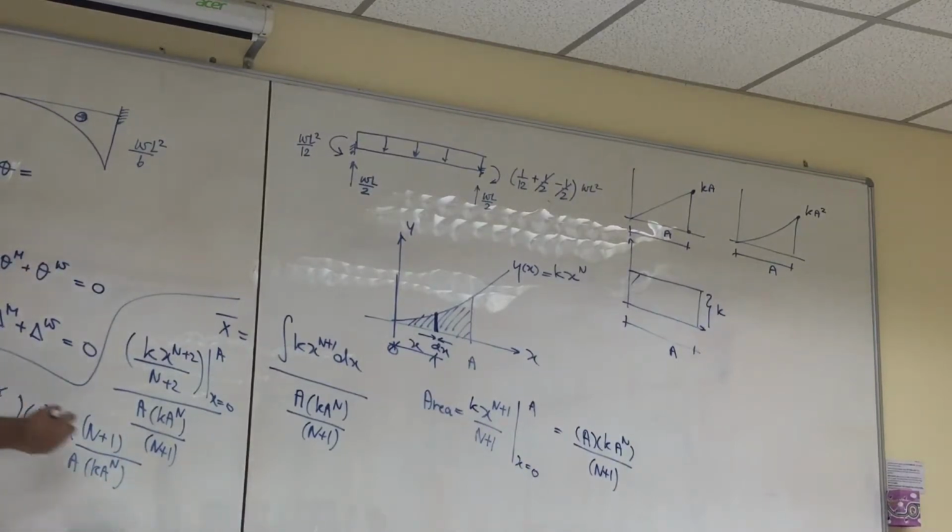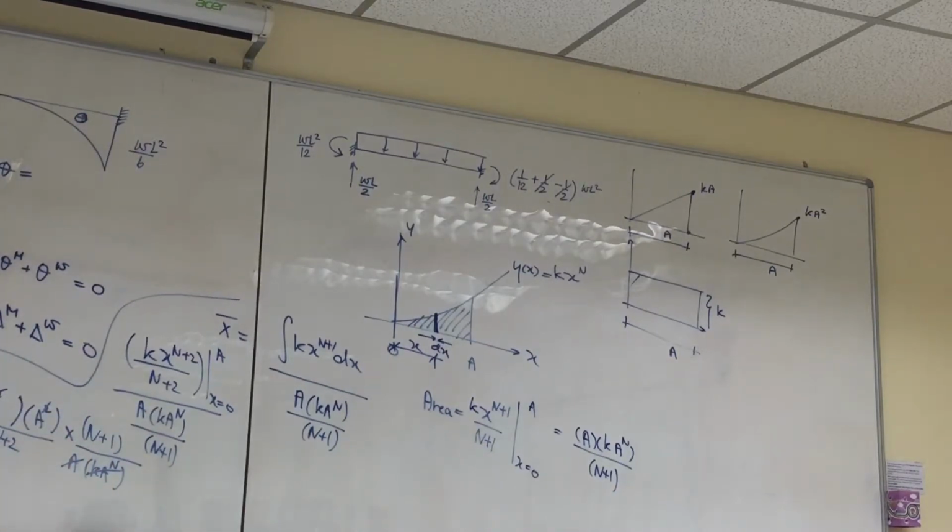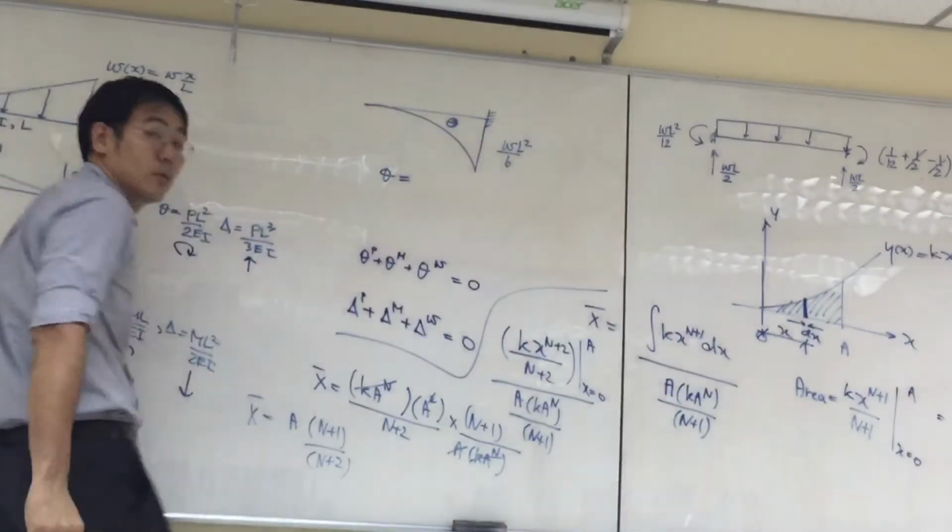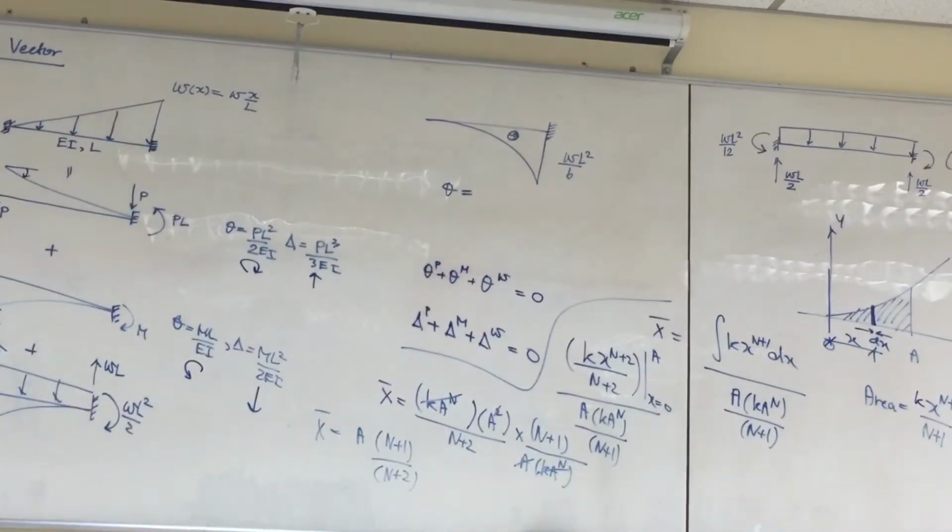Cancel things out. So x bar is equal to a times n plus 1 over n plus 2. Just like this.